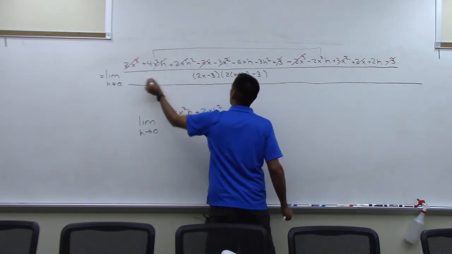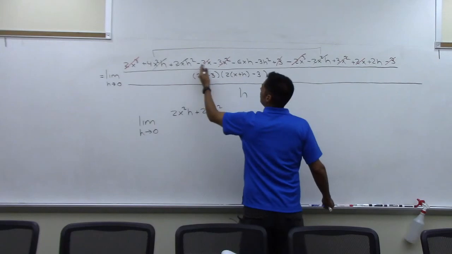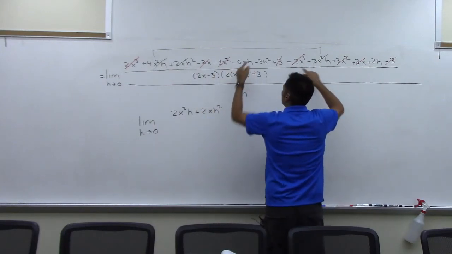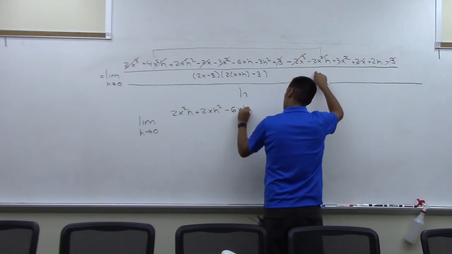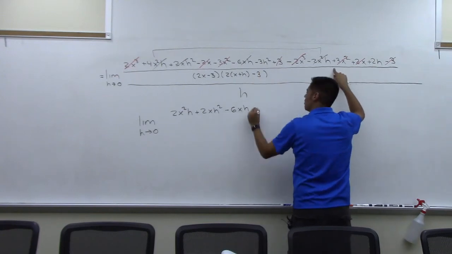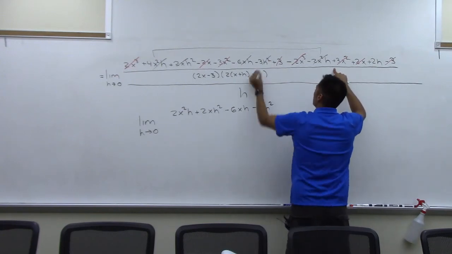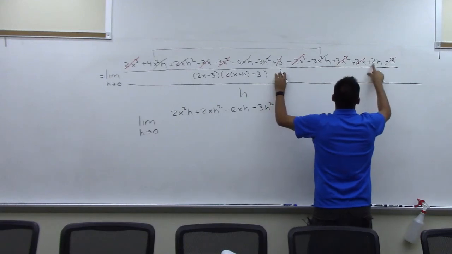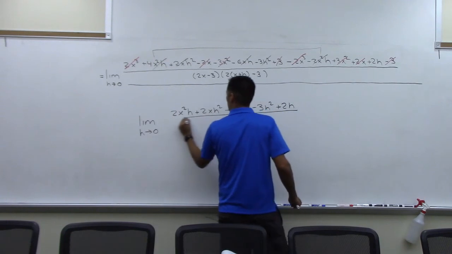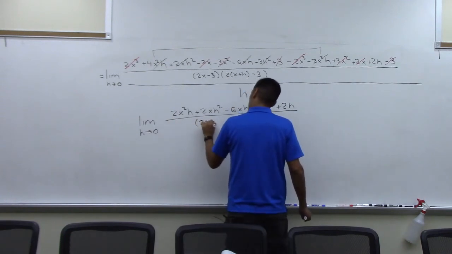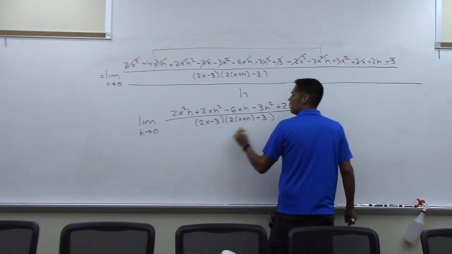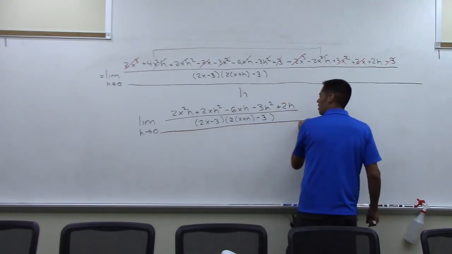Minus 6xh, I don't see any other xh's, so minus 6xh. Minus 3h squared, I don't see any other h squareds, so minus 3h squared. And plus 2h. All over my common denominator, 2x minus 3, 2 times x plus h minus 3, then all of this over h.